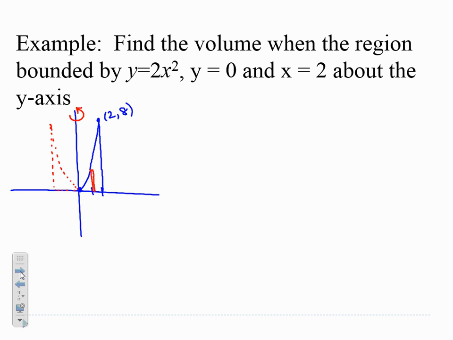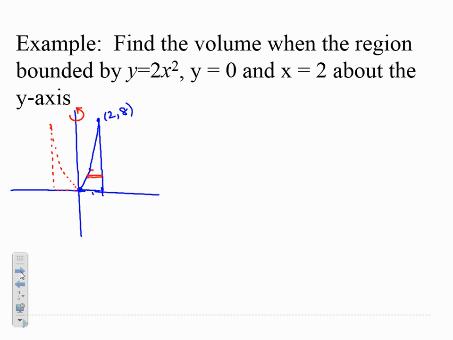No, that's not going to work. We don't know how to do that. This is what we'll do next week. They're called shells. So instead, we're going to have to make horizontal rectangles.